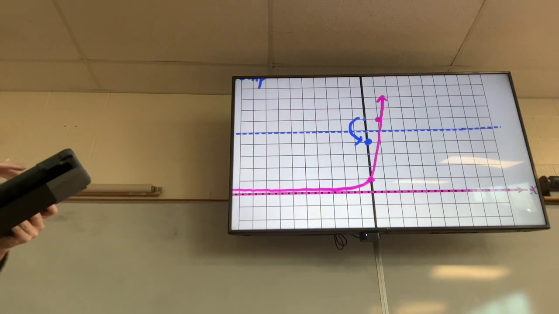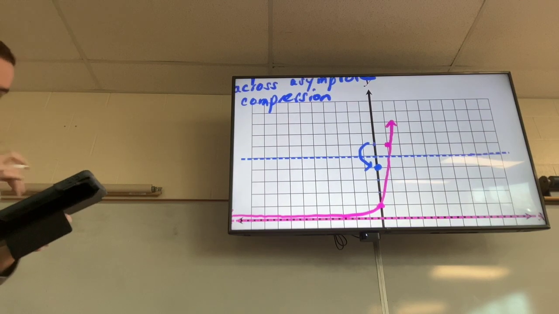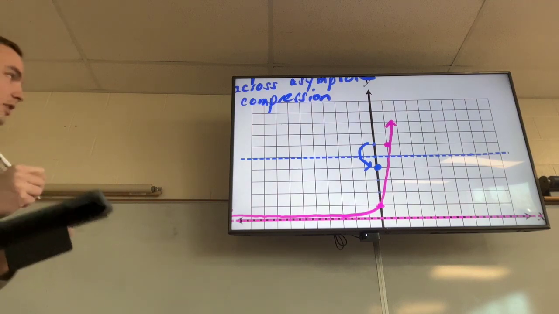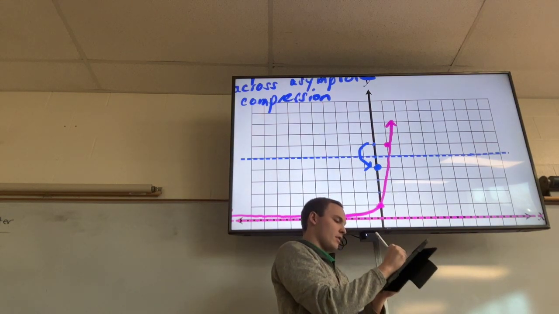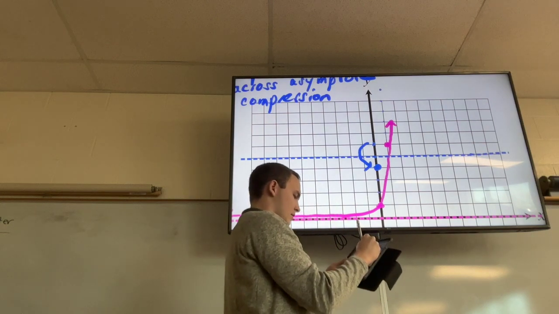Okay, let's do that with this second point here now. So starting from this pink point right here, we're going to go up 5. 1, 2, 3, 4, 5. Okay.